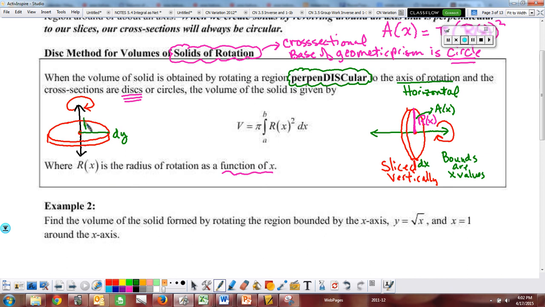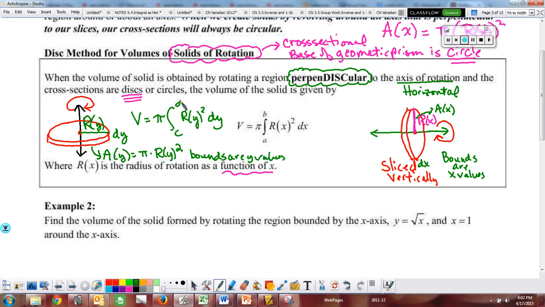We are now going to need to find the radius as a function of y. So our area of the base is going to be a function of y. It's going to be pi times r of y squared. So in this case, our volume is going to be pi integral a to b of r of y squared dy, and actually because I want to emphasize that this is all in terms of y, and my bounds are y values, we'll usually do c to d when I do the y values.